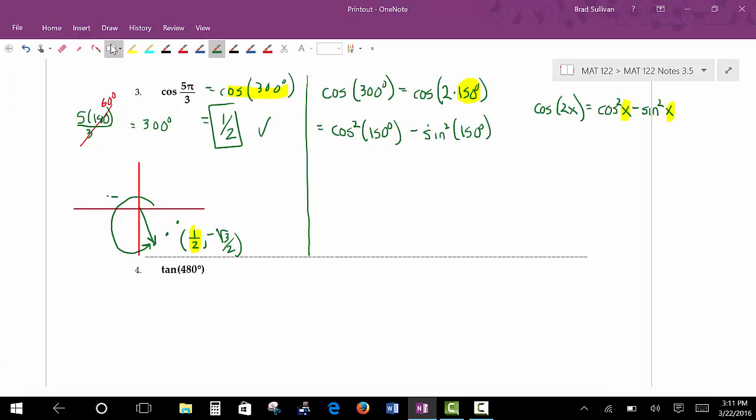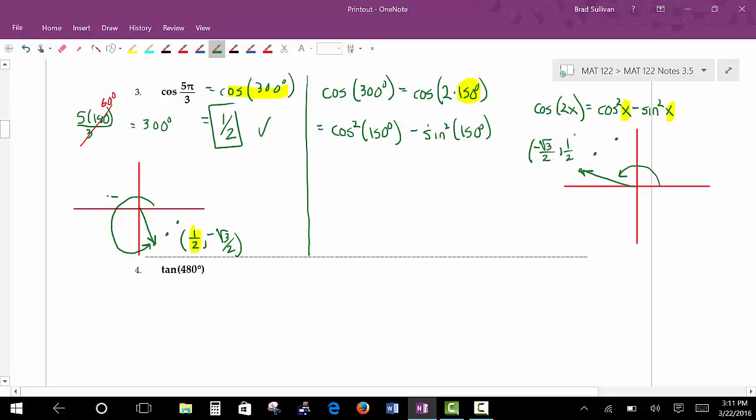So again, let's consider a unit circle, just kind of look at a diagram this time. And what we're going to look at is, we know that we're in quadrant 2. We're counterclockwise. So we would be at this angle on the unit circle, which has an x value of negative square root of 3 over 2, and it has a y value of a half.